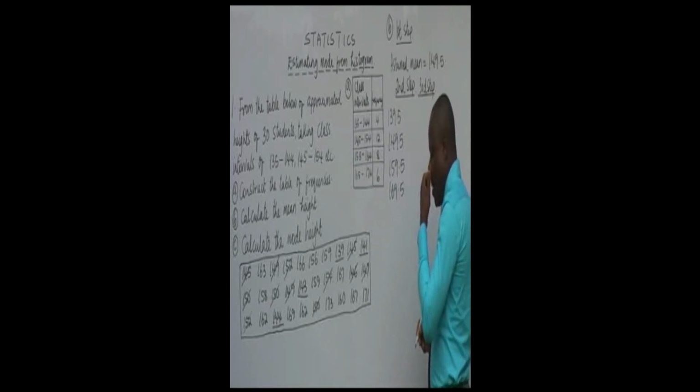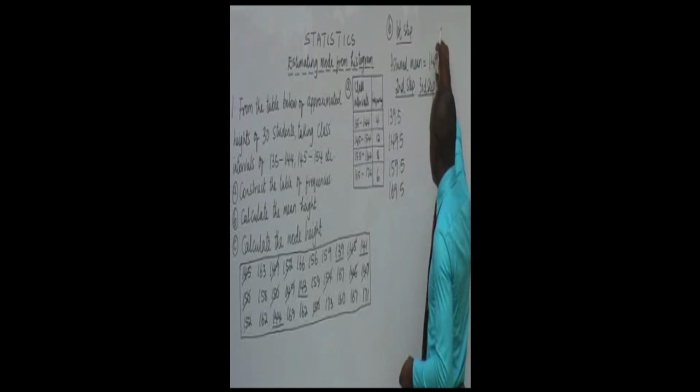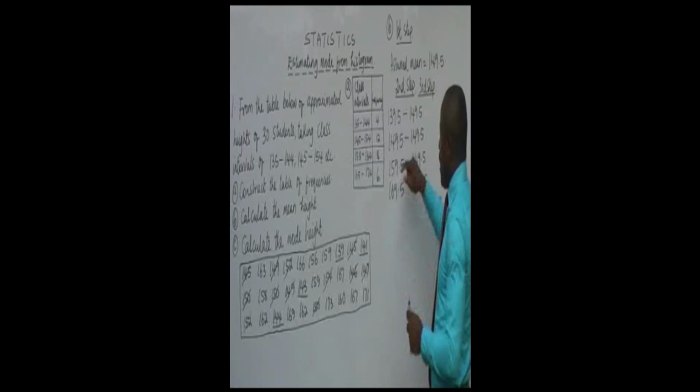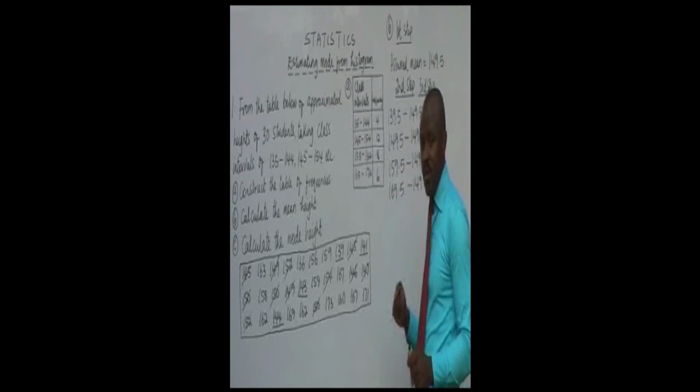Third step: begin to subtract all these values. Subtract the assumed mean from them. So here you have minus 149.5 each time, from the representatives of the class intervals which we took to be the mid values.